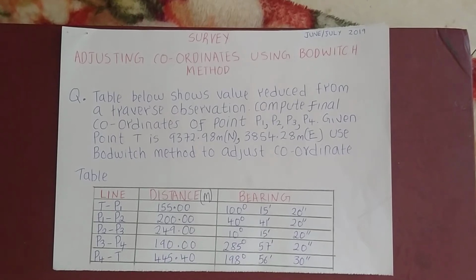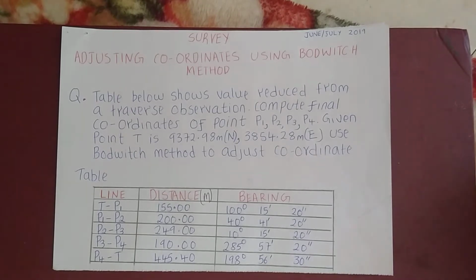Line P3P4 has a distance of 190 meters, a bearing of 285 degrees 57 minutes and 20 seconds. Line P4T has a distance of 45.4 meters and a bearing of 198 degrees 56 minutes and 30 seconds.